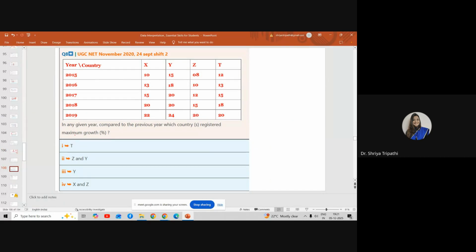In any given year, compared to the previous year, which country registered the maximum growth? Compared to the previous year, again the same story.